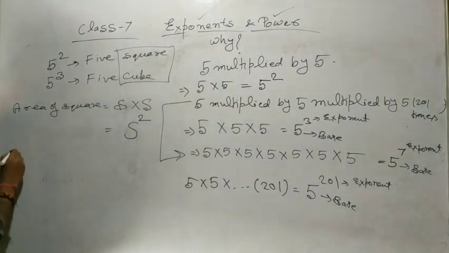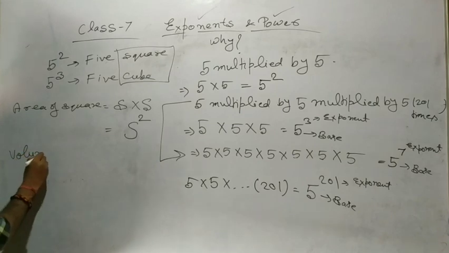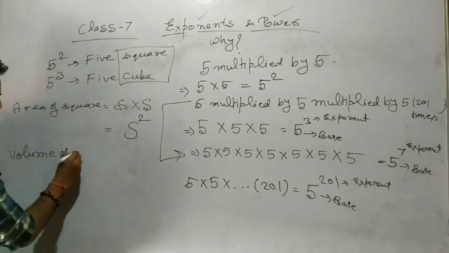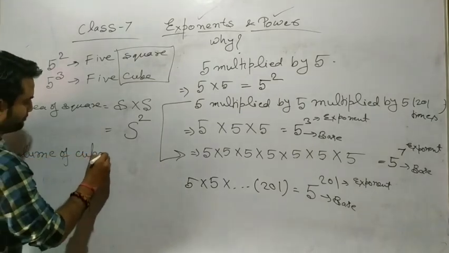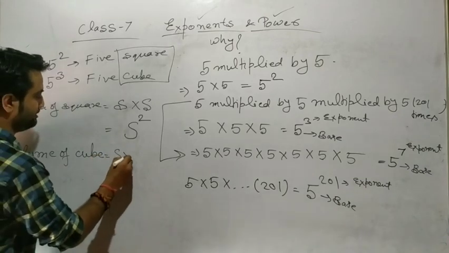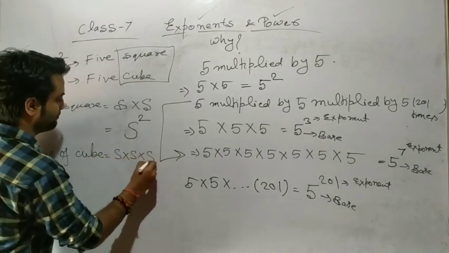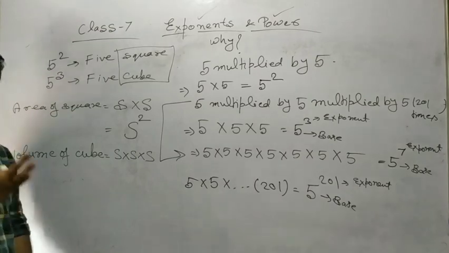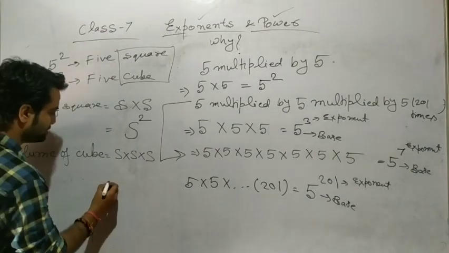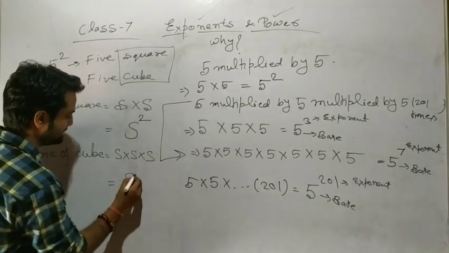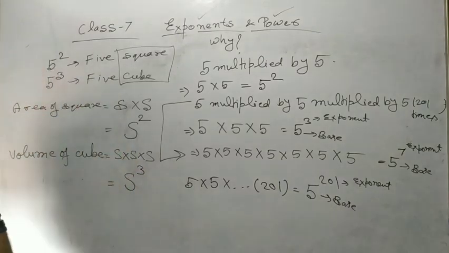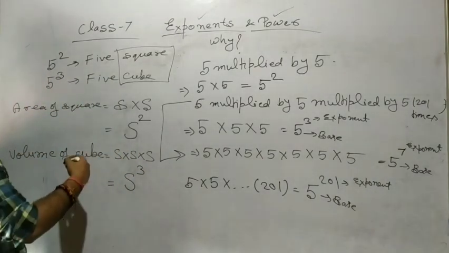And the volume of a cube is side into side into side, that is side multiplied with itself 3 times. In power notation or exponential notation, we write it as side raised to the power 3.